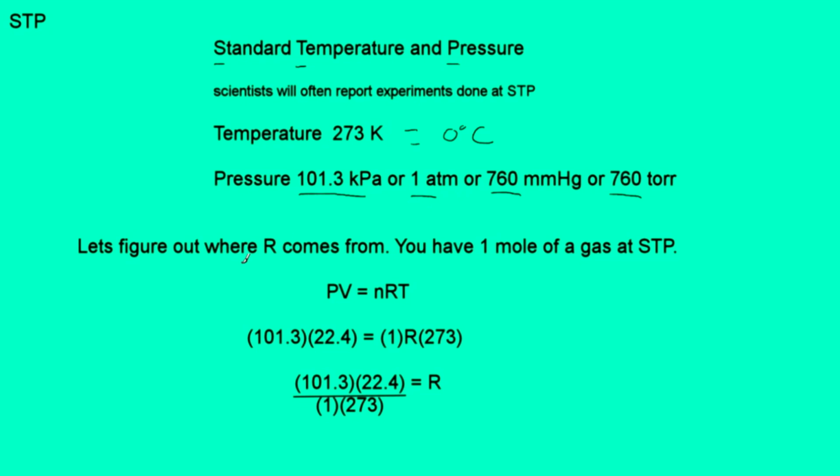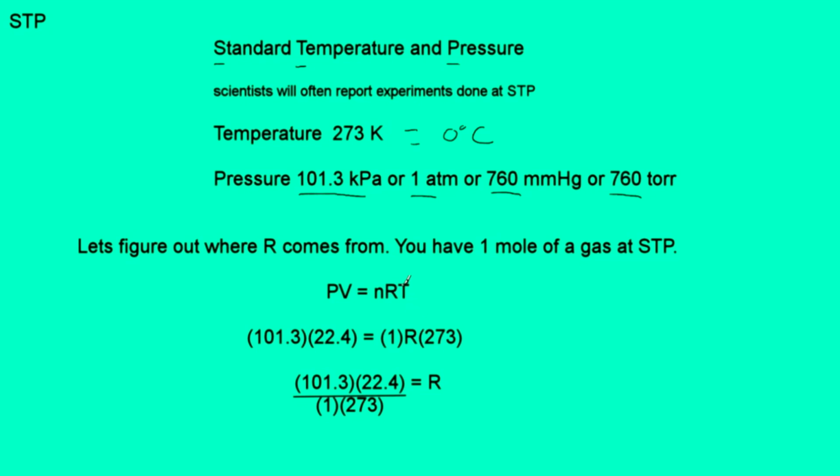R, as I mentioned before, is the ideal gas constant. So let's see where this number comes from. Let's say we have 1 mole of a gas at STP, at standard temperature and pressure. So we can plug in these numbers. Let's do it in kPa. So our pressure is 101.3. The volume, remember 1 mole is 22.4 liters, right? 1 mole.